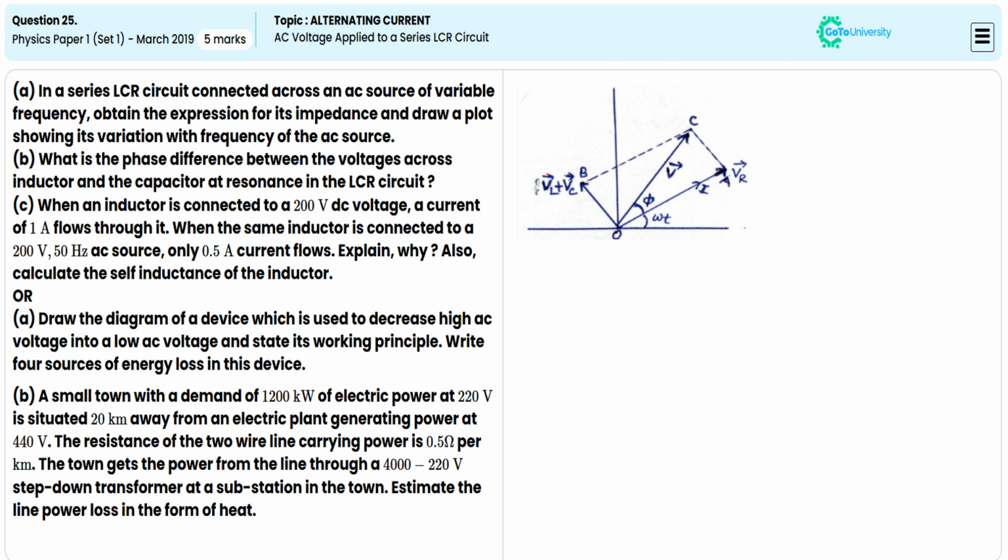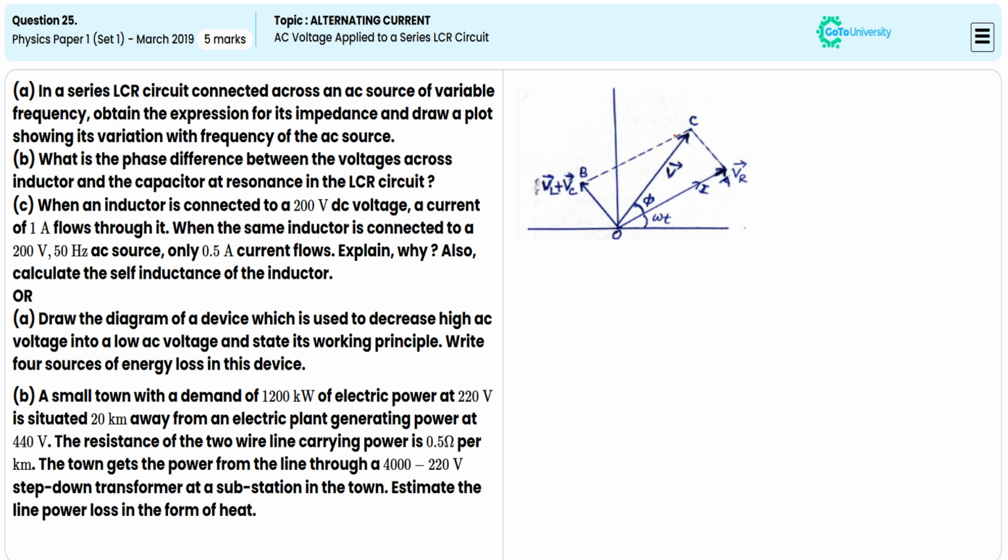Here the vector VL plus VC points at B, and exactly perpendicular to this is the VR vector, and in between, at angle phi, is the V vector, the C point.